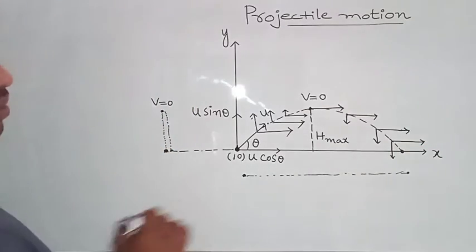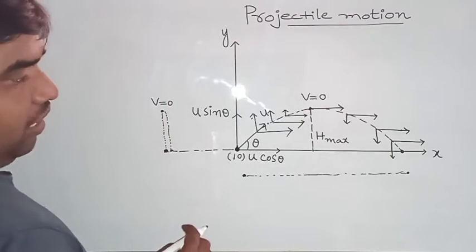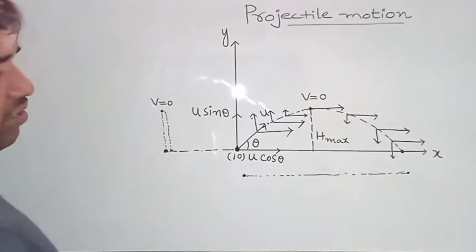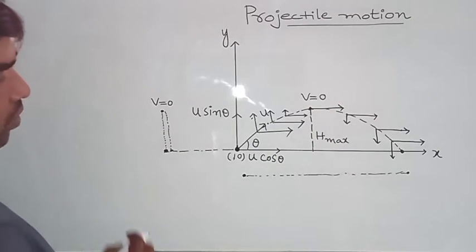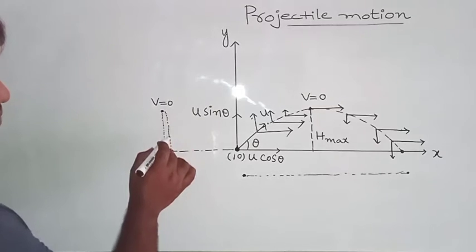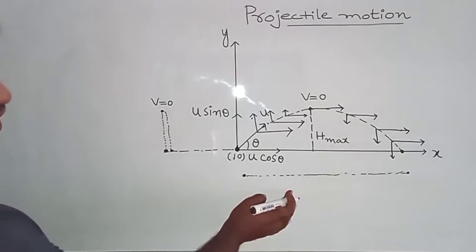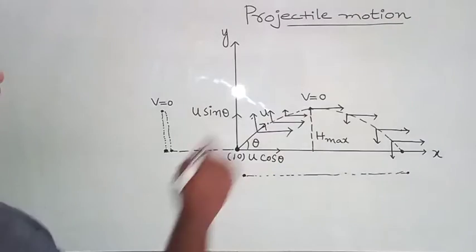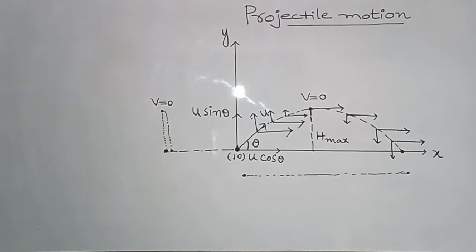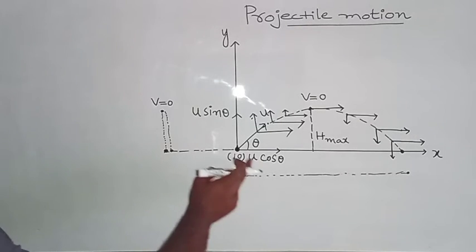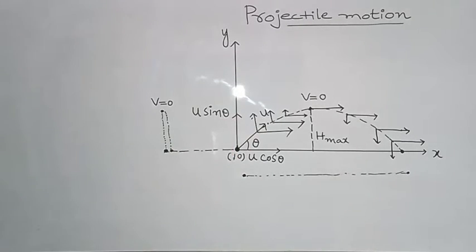The horizontal velocity is the same. Like this, at maximum height, the velocity becomes 0. When the velocity becomes 0, the object comes downward again. So vertical motion and horizontal motion together give the projectile motion. Projectile motion is a two-dimensional motion. So we can resolve the velocity u into u cos theta and u sin theta.